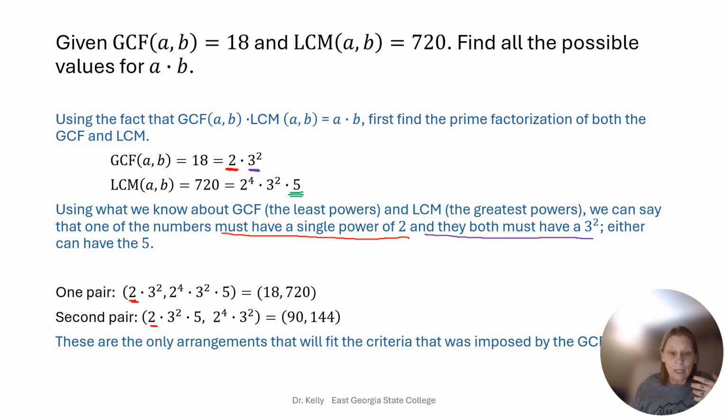They both have to have the 3 squared. So here's our 3 squared. And I'm sorry that the comma is not very clear, but there's a 3 squared in the second digit of each pair as well. And then we just have to have a 5 in one of them.